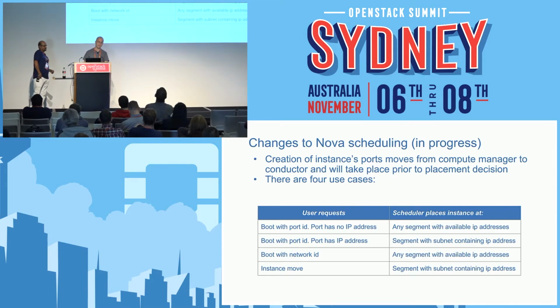So there's work being done in Nova. As you may be aware, there's a big initiative on the Nova side called the Placement API. Essentially, the Placement API is a way where you can influence the working of the scheduler in the selection of the compute hosts where your instance is going to land.